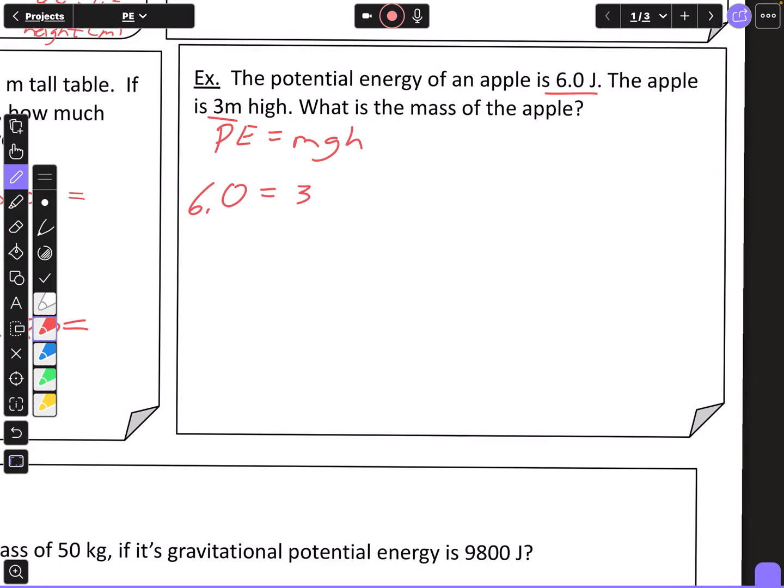mass is what I'm looking for, so I'm going to leave that as my unknown, m, times 9.8 times my height, which is 3.